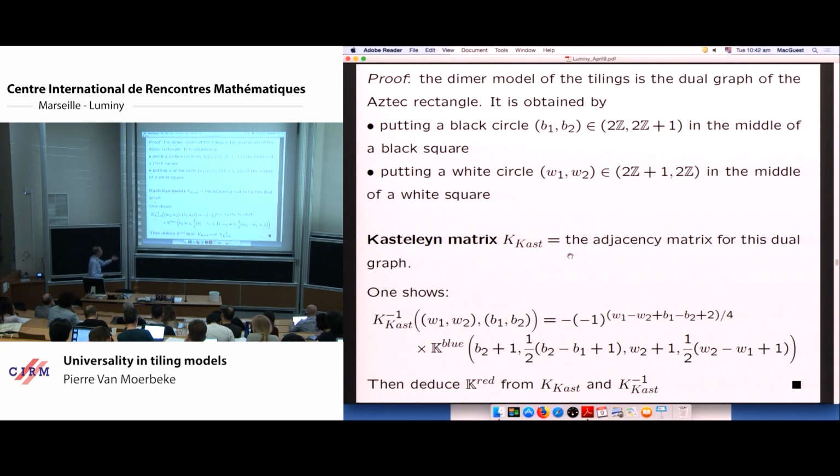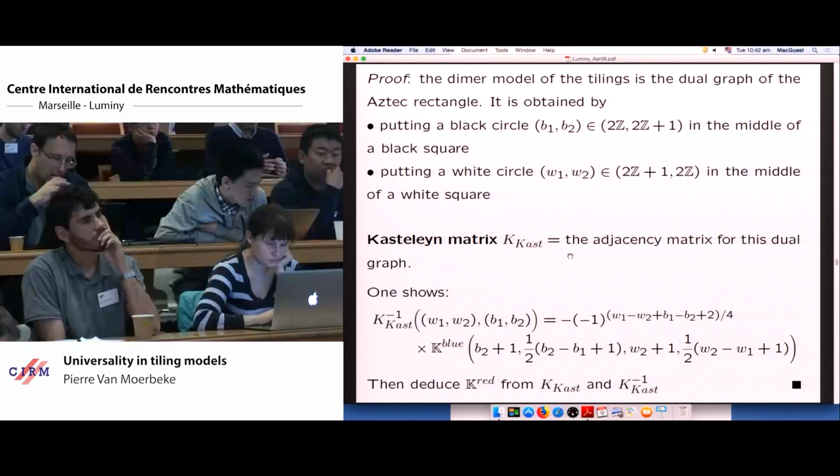So when you have the Kasteleyn matrix, basically you can compute any probability, because that's the full story. But then you can deduce the red kernel.